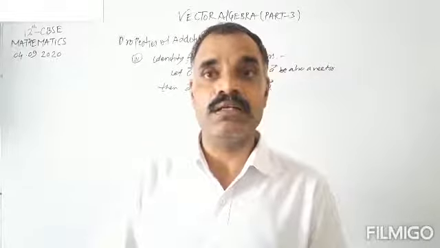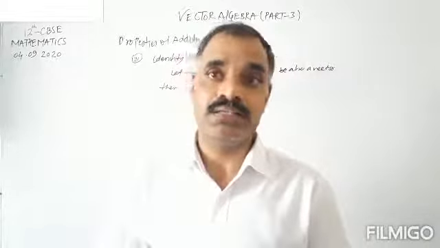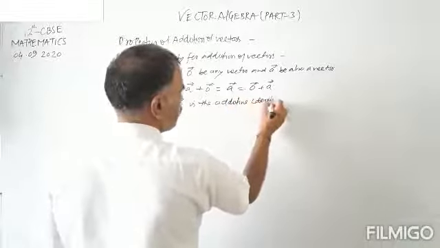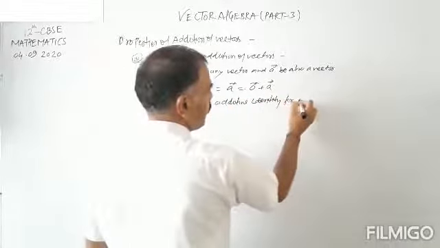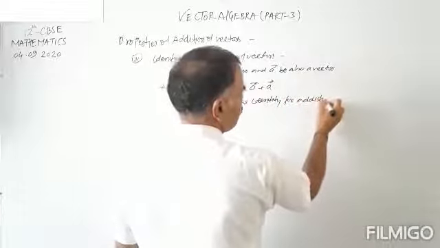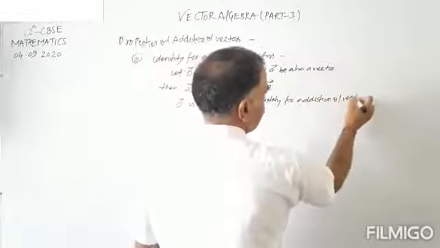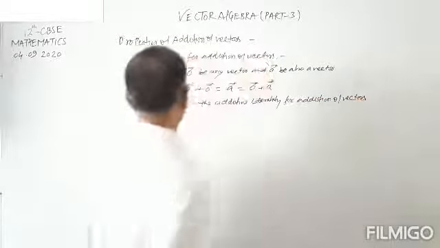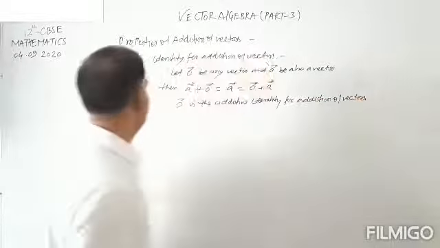That is why 0 vector is the additive identity for addition of vectors. Okay, so the identity for addition of vectors is the 0 vector.